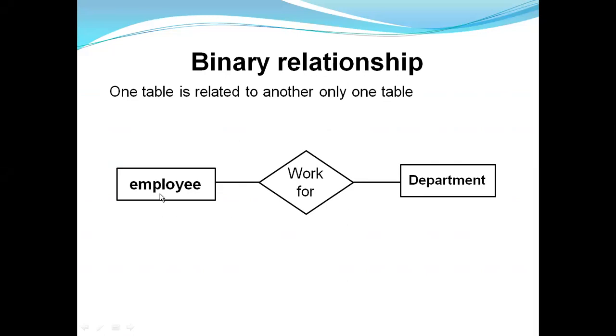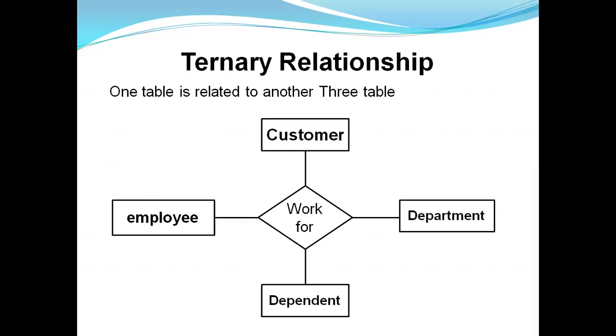One will have a primary key, one will have a foreign key. Next is ternary. Ternary is one related to another 3. Employee is related to customer as well as department as well as dependent. So this will be considered a ternary relationship.